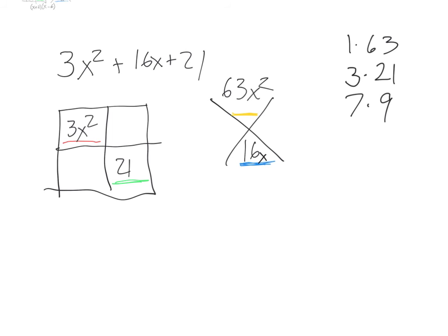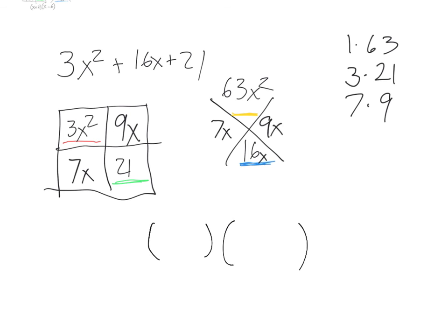So what factor pair do I want to use? 7x and 9x. So I put 7x here, 9x. Okay, on your own, I want you to try to factor this out. So to give me these here, and I will show you my answer in a second.